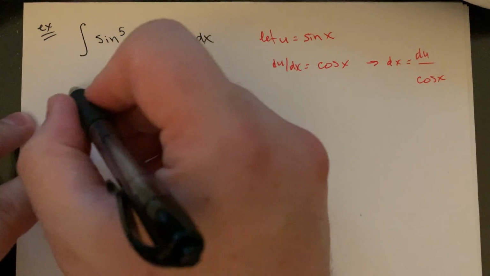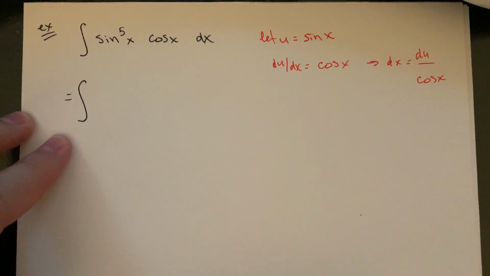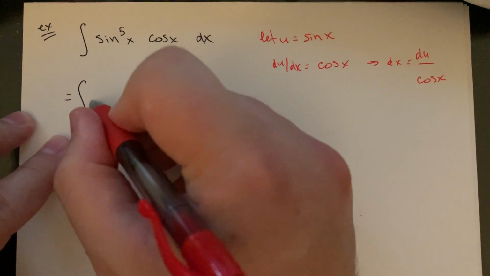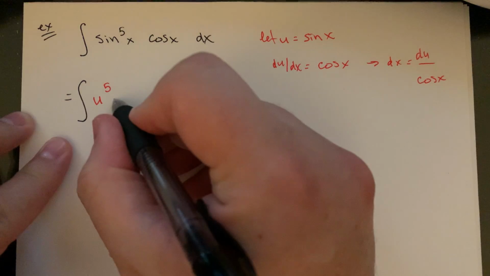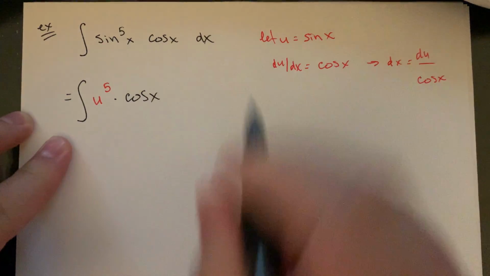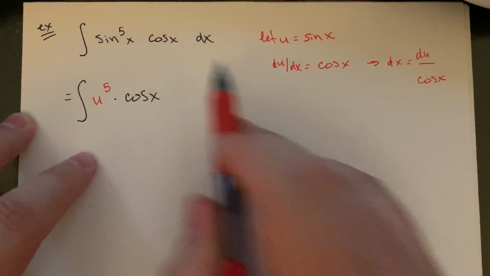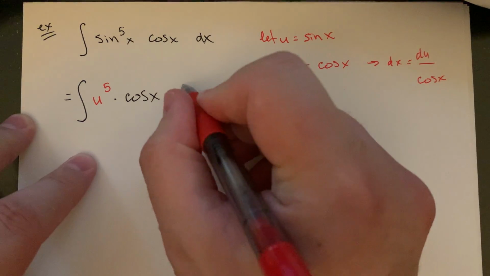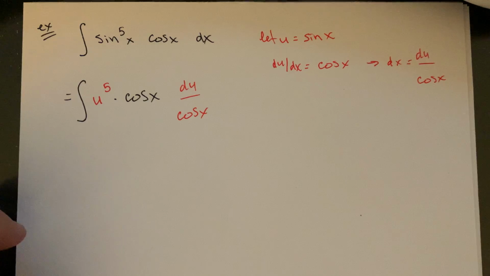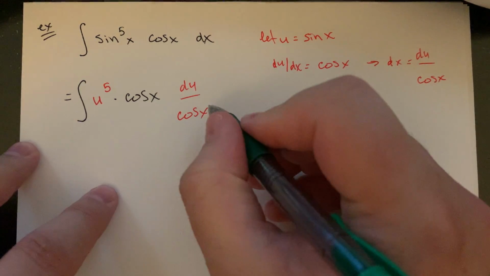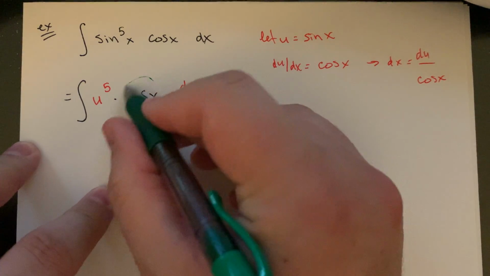And then as you start to sub this stuff in, you've got your integral. So this is now u to the 5 times my cosine x, and then my dx becomes du over cosine x. This is just a pretty standard u sub. I feel like we've done versions of this before, right?